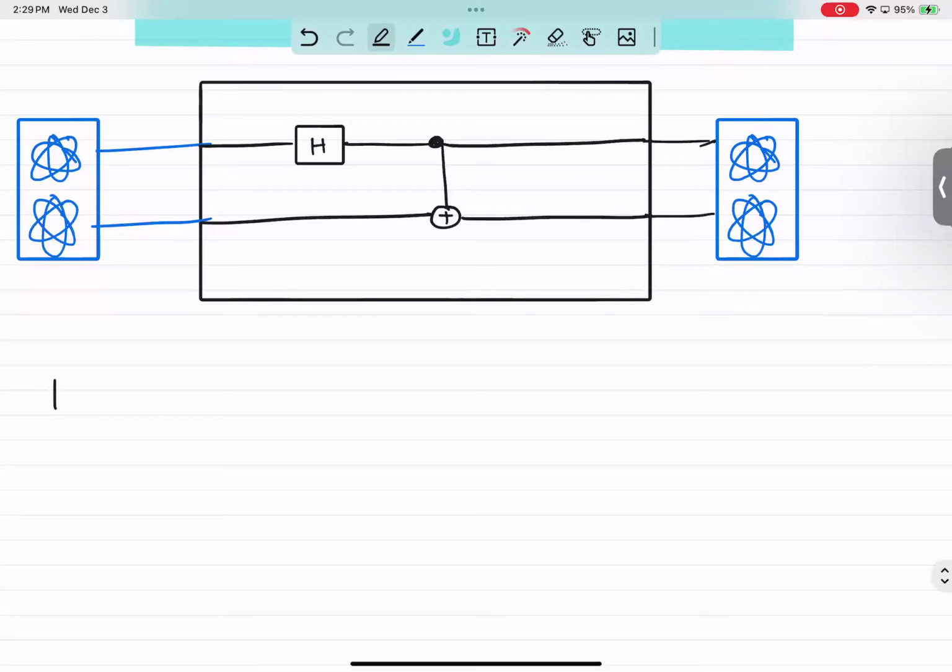And that input is 0, 0. Okay. So let's say this is my input. The first photon is in 0, the second photon is in 0 as well, and I want to know what happens to the output. Okay, so what's the output I get?